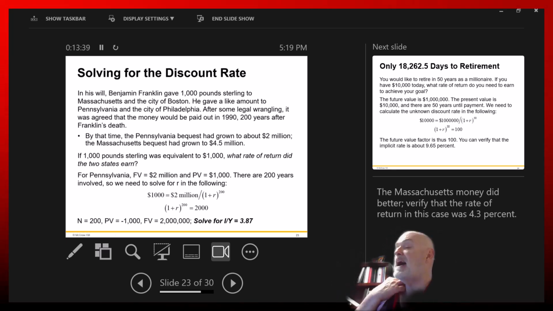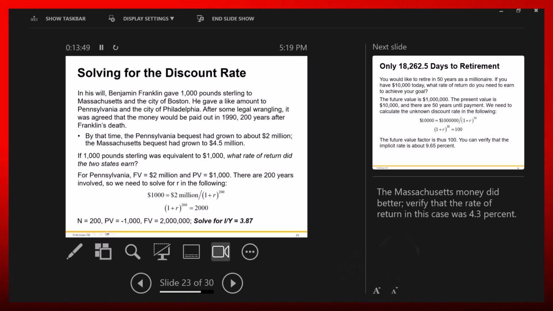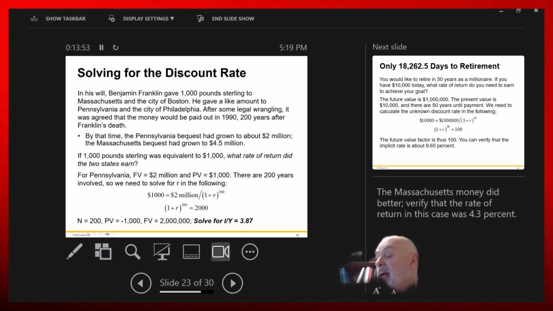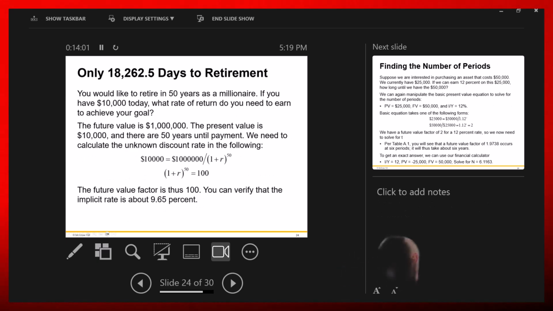If 1,000 pounds sterling was equivalent to $1,000, what rate of return did the 2 states earn? For Pennsylvania, there are 200 years involved, so we need to solve for R in the following way. N is 200, PV is minus 1,000, future value is 2 million, solve for I/Y: 3.87.